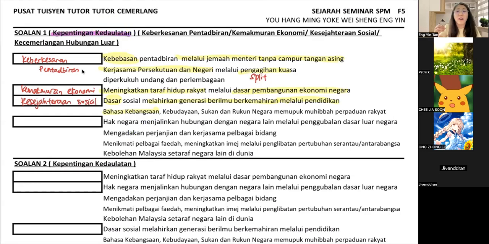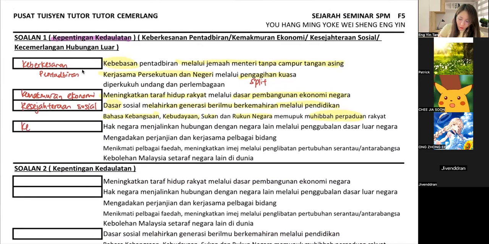Announce that our official language is BM, kebudayaan Malaysia ialah apa, sukan, rukun negara, all these things. Remember, all these things promote unity and also good relationship. Muhibah means good relationship, hubungan yang baik, muhibah.